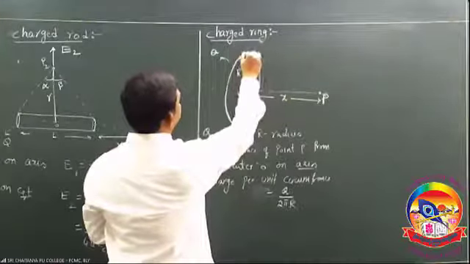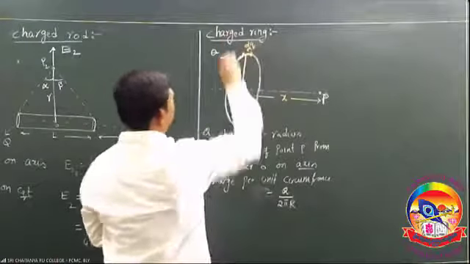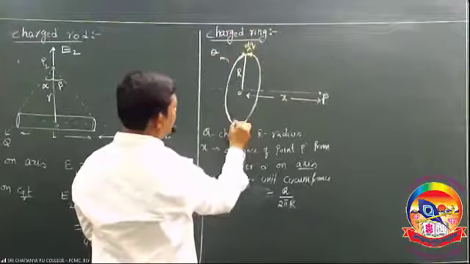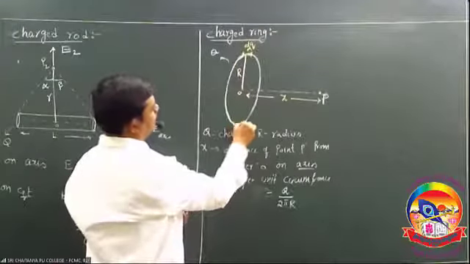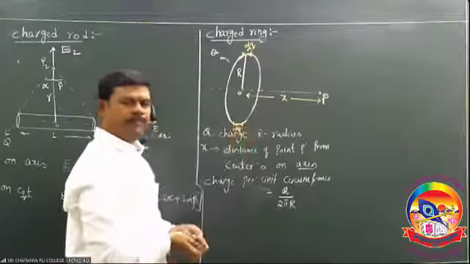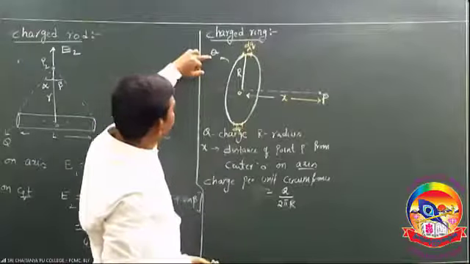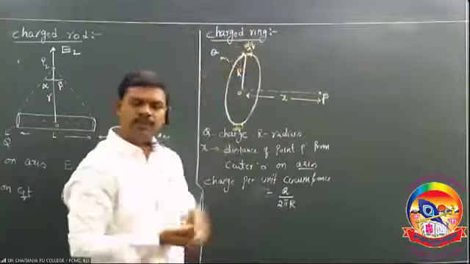Let the charge on the small element be dq. Symmetrically, exactly here, I am taking the same type of small element. Here also the charge is dq. If I add all those dqs, I'll get q, right?